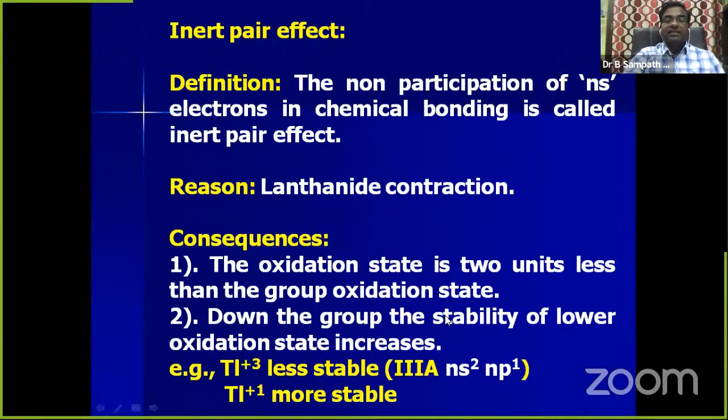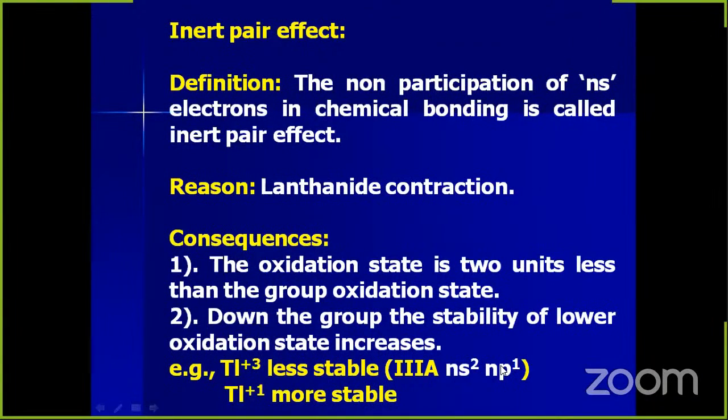That's why the non-participation of ns electrons takes place. These electrons are more attracted towards the nucleus, so this element does not lose the ns electrons easily. That's why thallium +3 is less stable, but thallium +1 is more stable. So it loses only 1 electron.